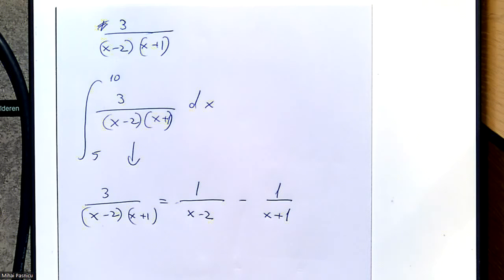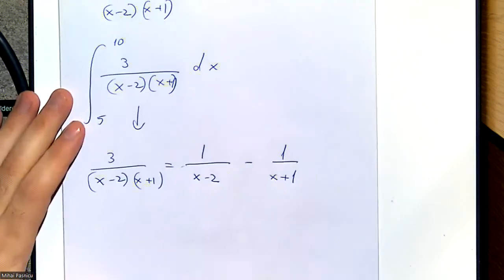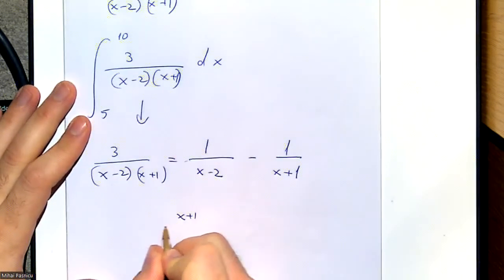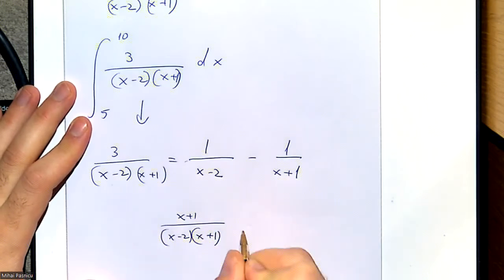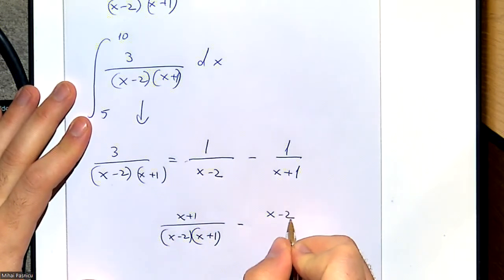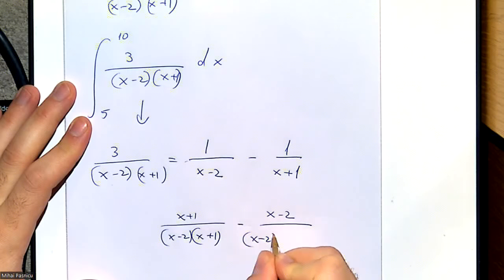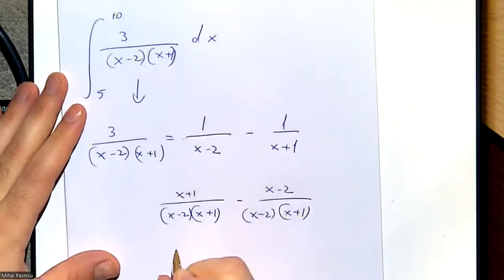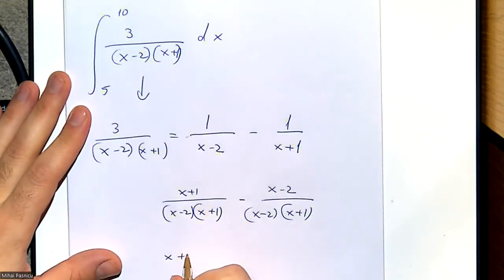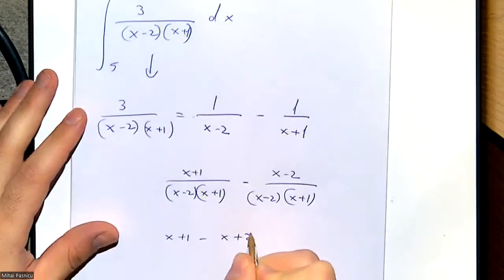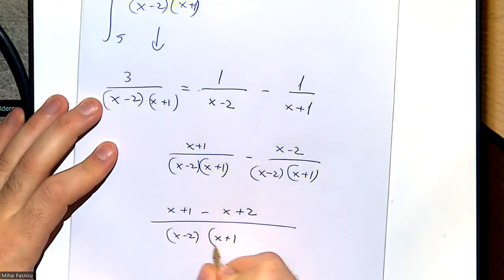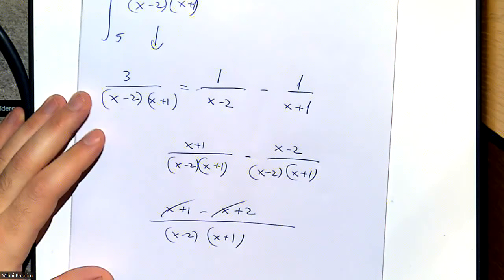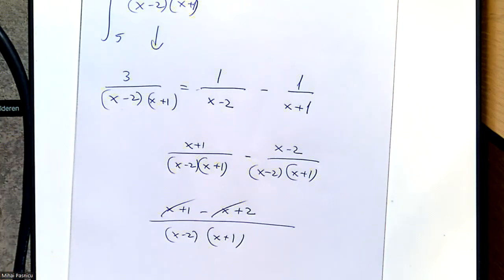Fast check. We bring everything to the same denominator. So I have x plus 1 over (x minus 2)(x plus 1), minus x minus 2 over (x minus 2)(x plus 1), which is x plus 1 minus x plus 2 over (x minus 2)(x plus 1). Fair, we got the same answer. This is really, really strong.